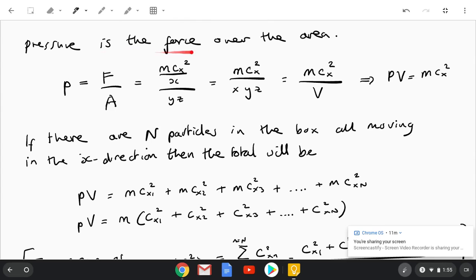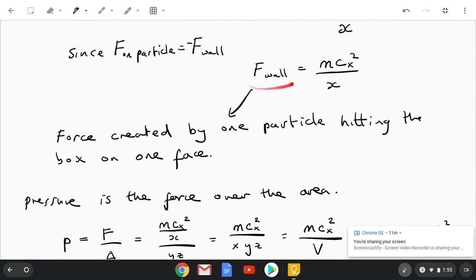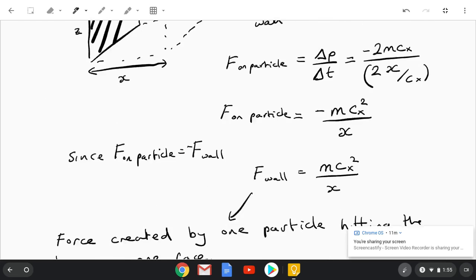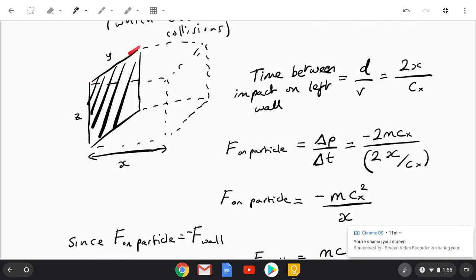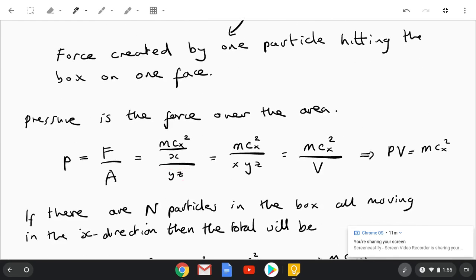Okay, so the pressure is known as the force over the area. We've just created an expression. So the force on the wall is this, divided by the area that it hits, and we'll just go back up. The area is y times z.